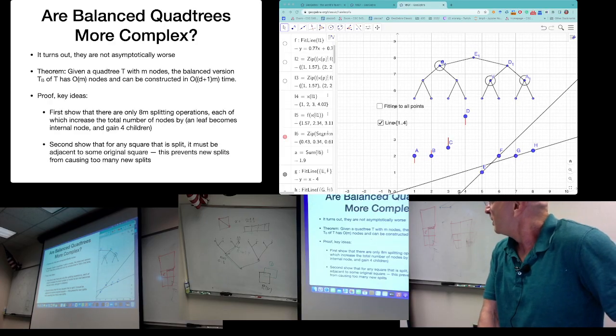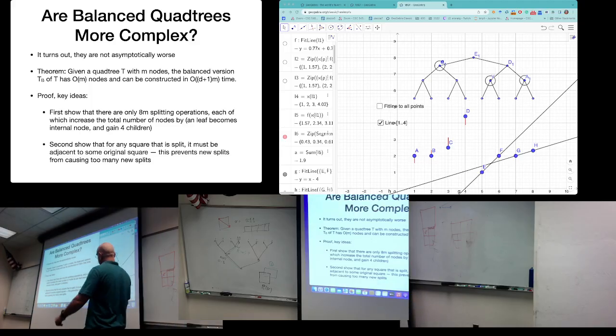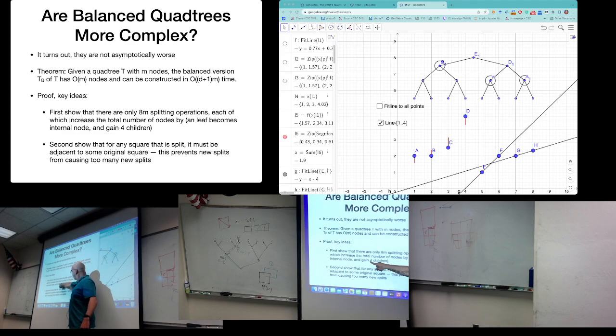Okay. So we want to show that there are at most 8 times m splitting operations. And every split operation, what does it do? It takes one node. It will keep this node, just not as a leaf anymore, and add 4 children.